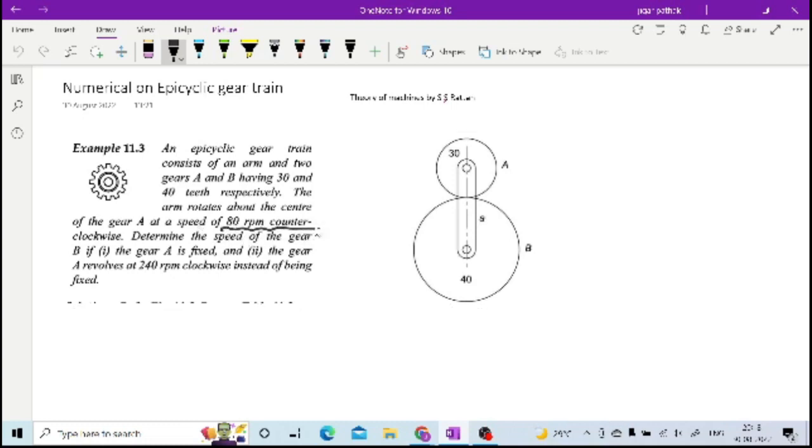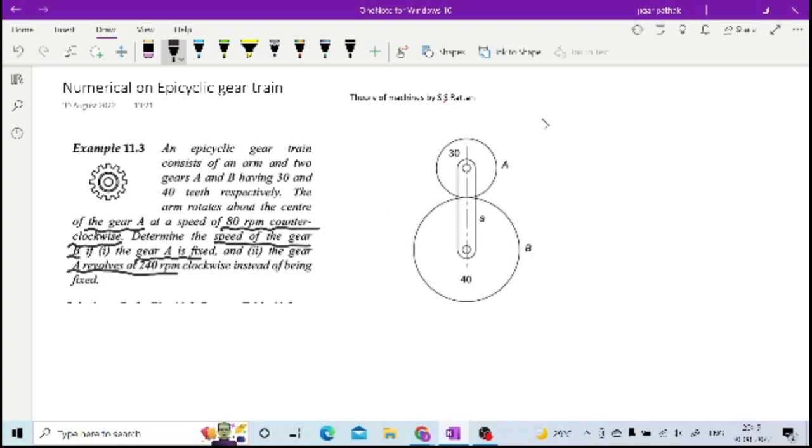You have to determine the speed of gear B. Now you are provided two different conditions: one is gear A is fixed, and the other is gear A also revolves at 240 rpm clockwise.